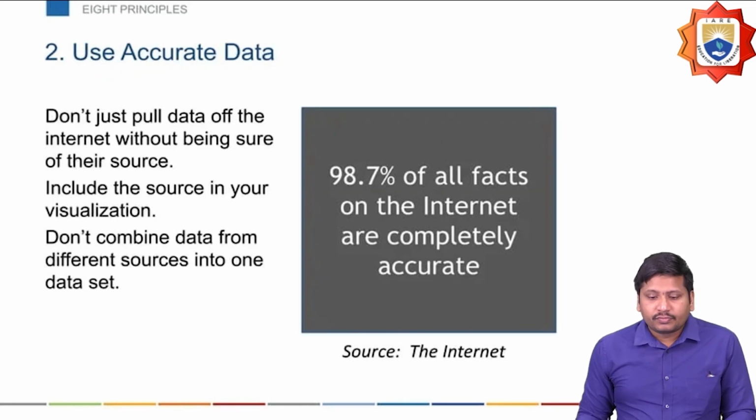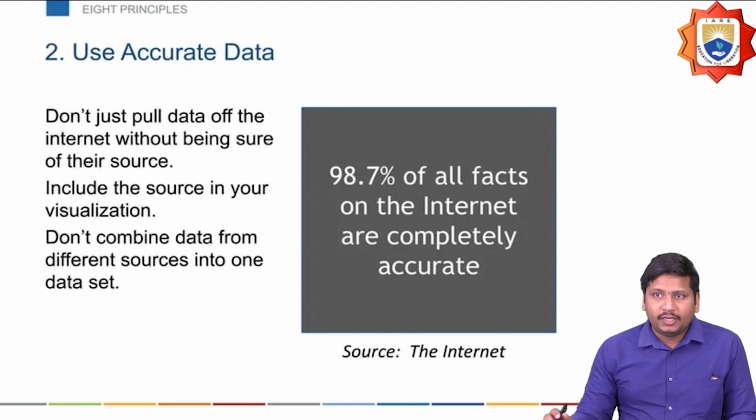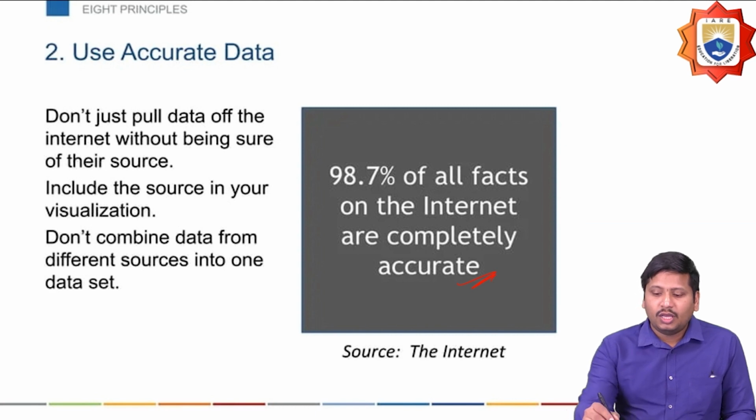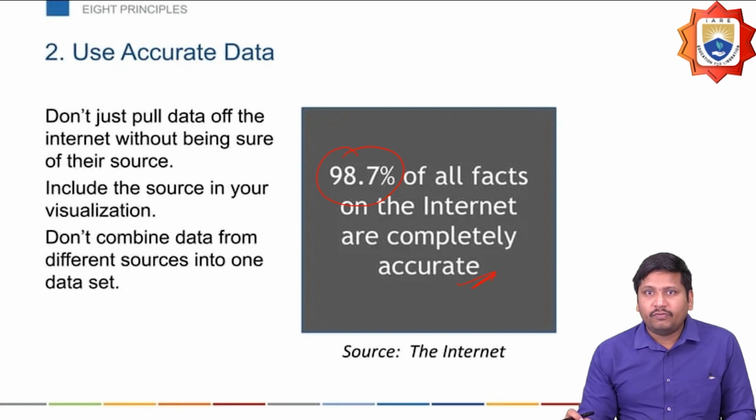The next one is to use accurate data. Accurate data means that most of the time, 98% of all facts on the internet are accurate. If I extract data from the internet, not 100% but around 98.7% of the facts will be accurate, but we should not pull data from the internet without being sure of the source.